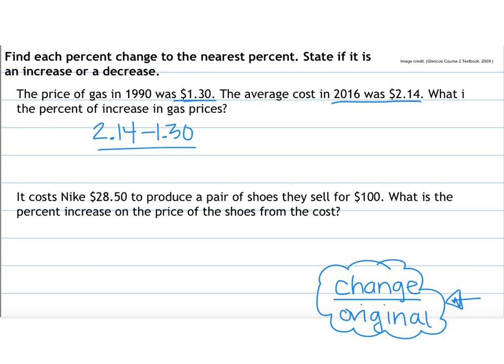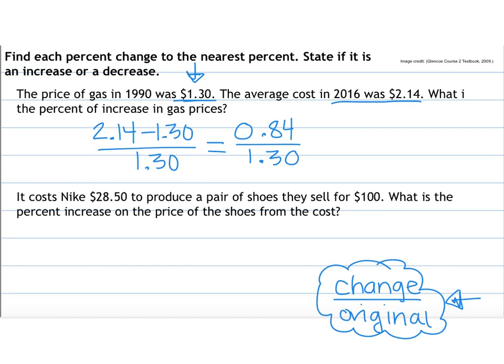The original is what we start with. We started with $1.30. The way that I do this is I first take my subtraction, so $2.14 minus $1.30 equals 0.84, and then I do that over 1.3.